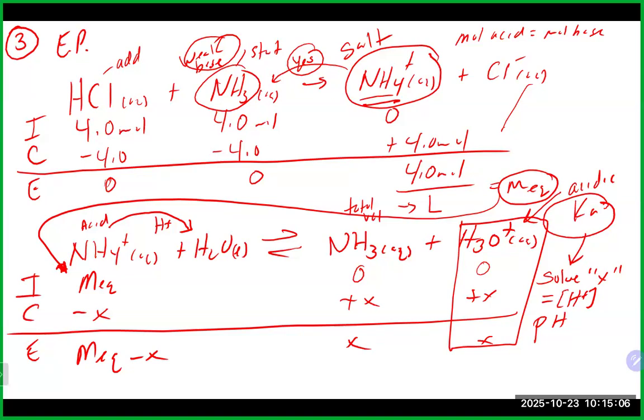So we've talked now about 3 different types of titrations. We talked about a strong acid, strong base, and again, at the equivalence point, because you have only a neutral salt left over, you would expect the pH around the equivalence point to be 7. In the titration of our weak acid with a strong base, once again, at the equivalence point, you will have a salt that's left over.